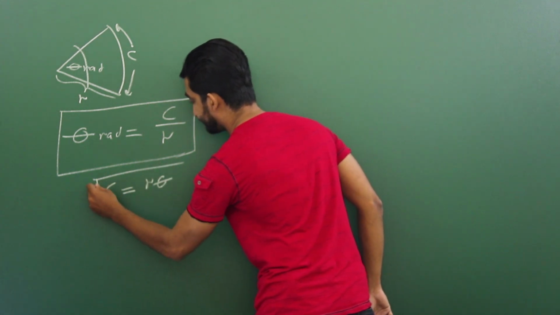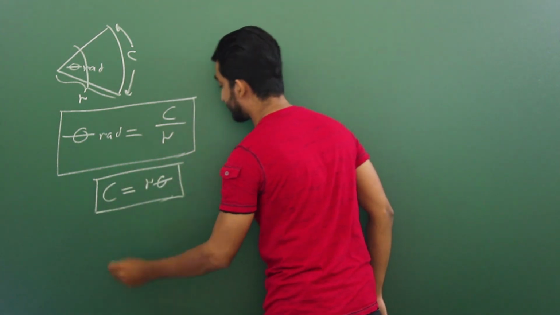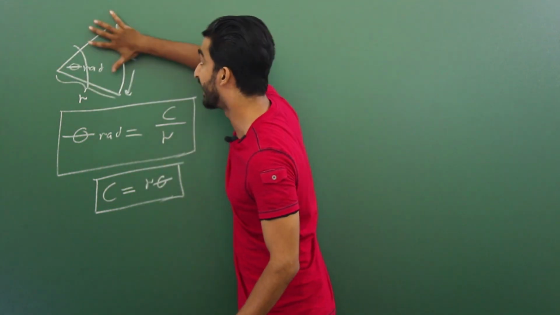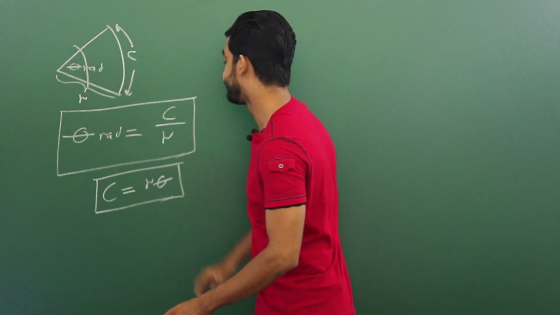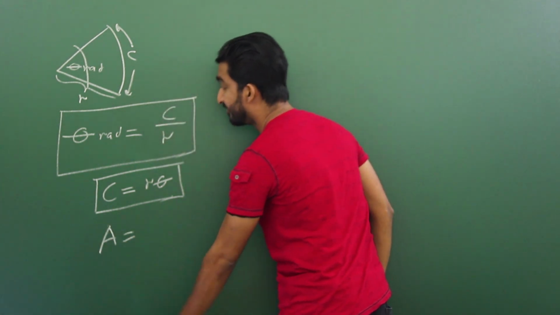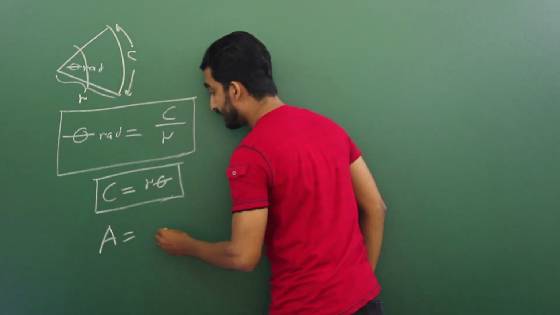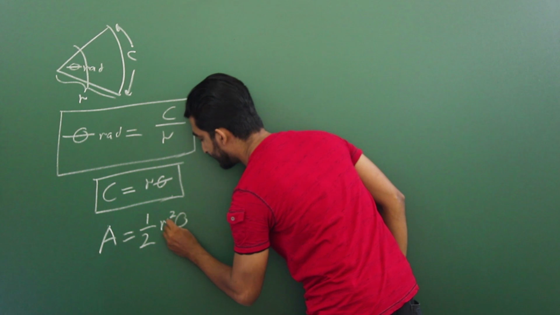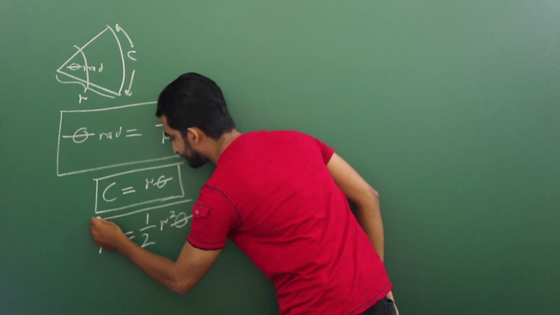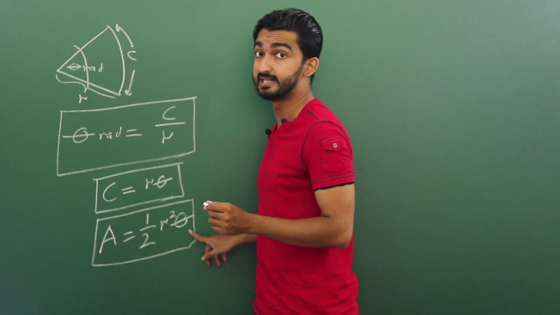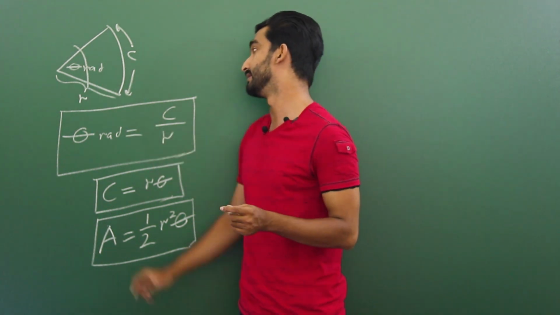And just for your additional information, if you are supposed to find the area of this sector, I'm mentioning A for the area, we can find it by half r squared theta. Remember here theta is measured not in degrees but in radians.